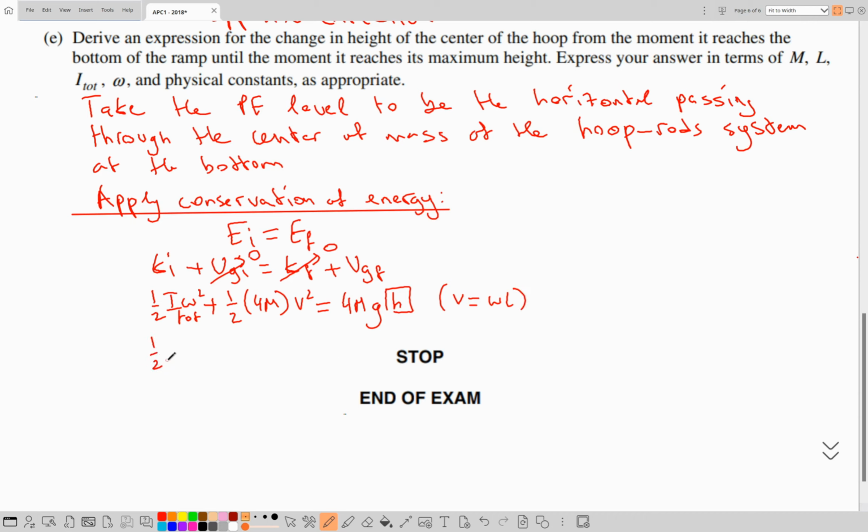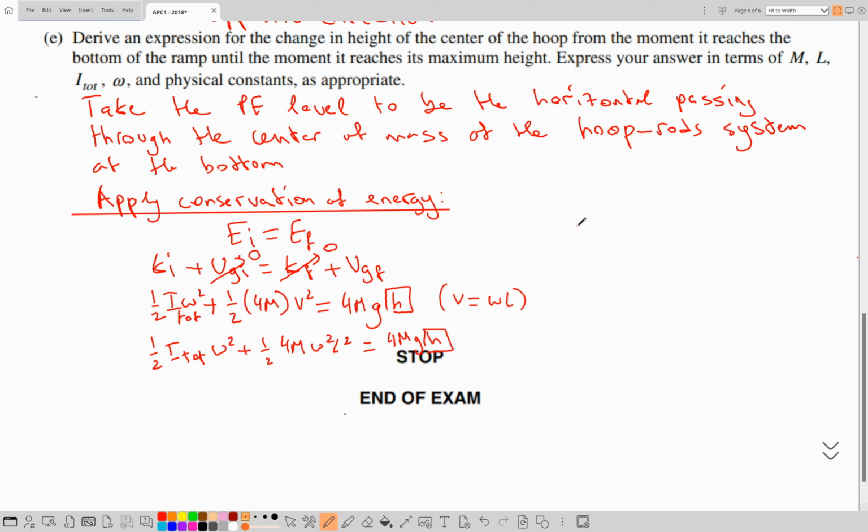So that would be half I total omega square plus half 4m omega square multiplied by L square is equal to 4mgh, and we're interested in determining h.